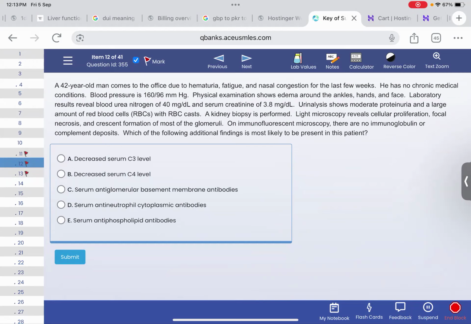Which of the following additional findings is most likely to be present in this patient? A 42-year-old man comes to the office due to hematuria, fatigue, and nasal congestion for the last few weeks. He has no chronic medical conditions. Blood pressure is 160/96. Physical examination shows edema around the ankles, hands, and face. Laboratory results reveal blood urea nitrogen of 40 and serum creatinine of 3.8.